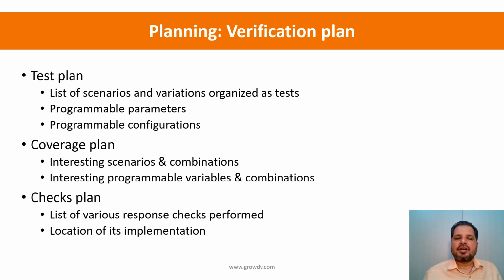For any given IP, there are a lot of registers that are provided which can be used to configure the functionality of a particular IP, and those are called programmable parameters. So we need to make sure that whatever scenario we are exercising, we cover all possible legal combinations of all possible programmable parameters, right? So those also have to be listed as a part of the test plan.